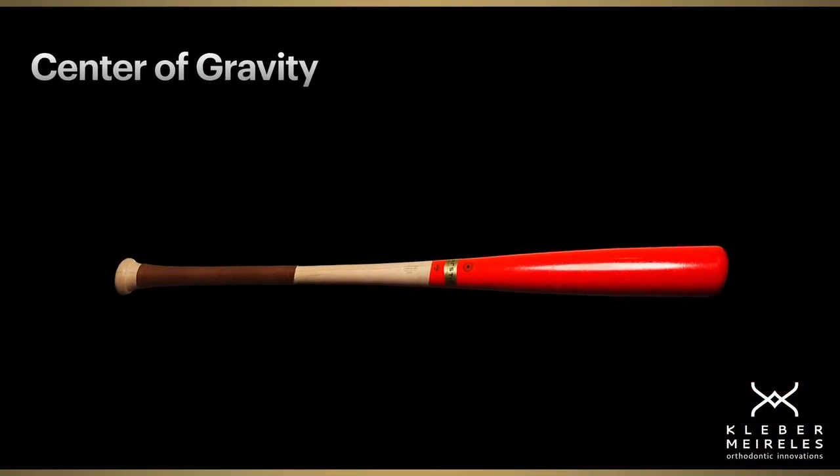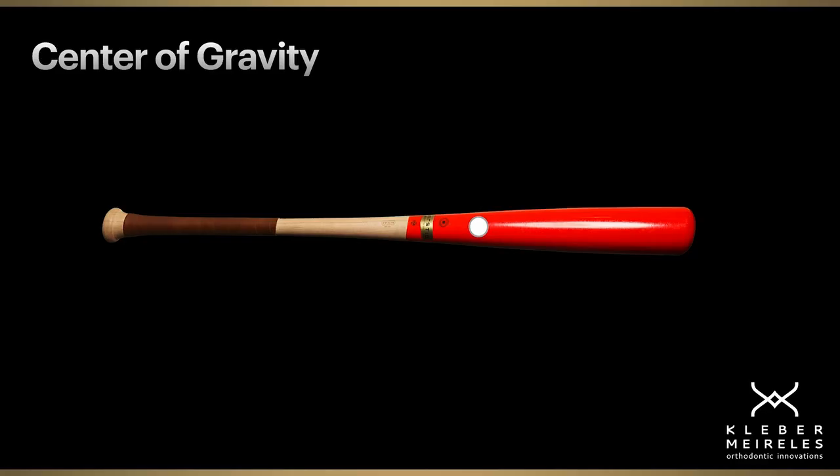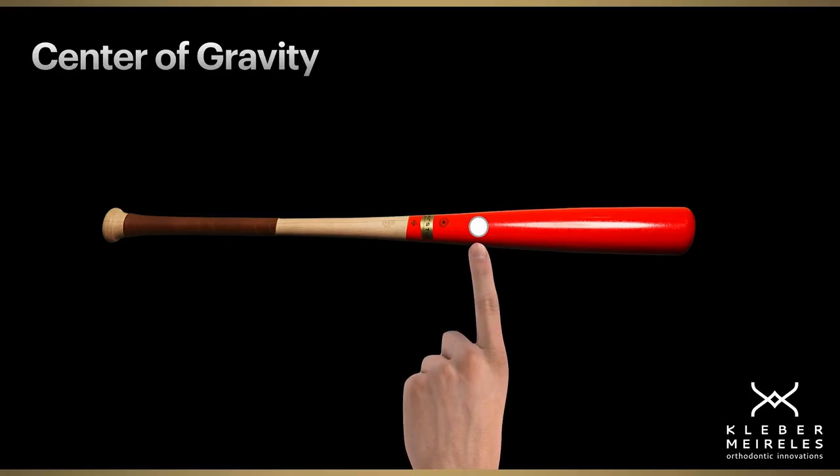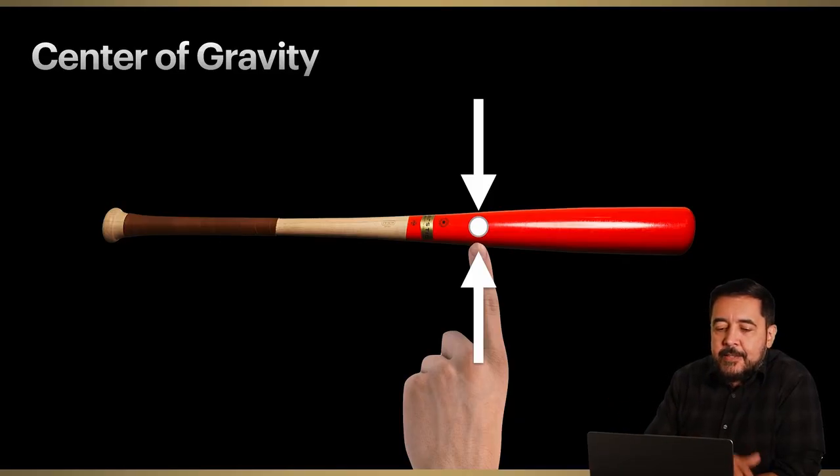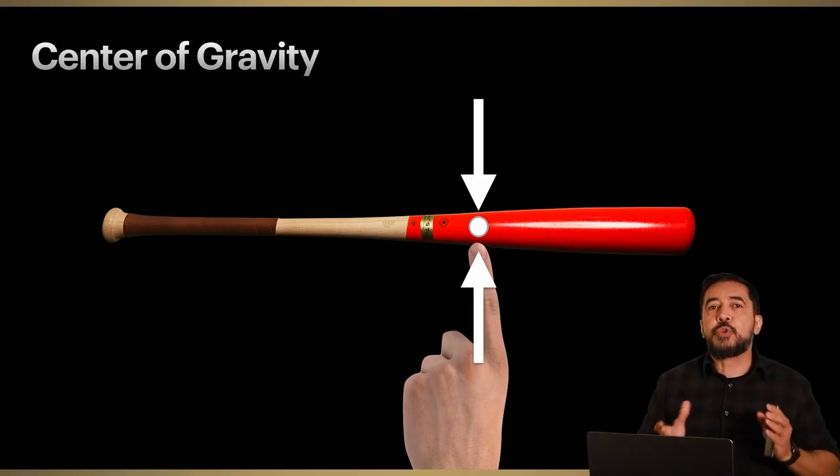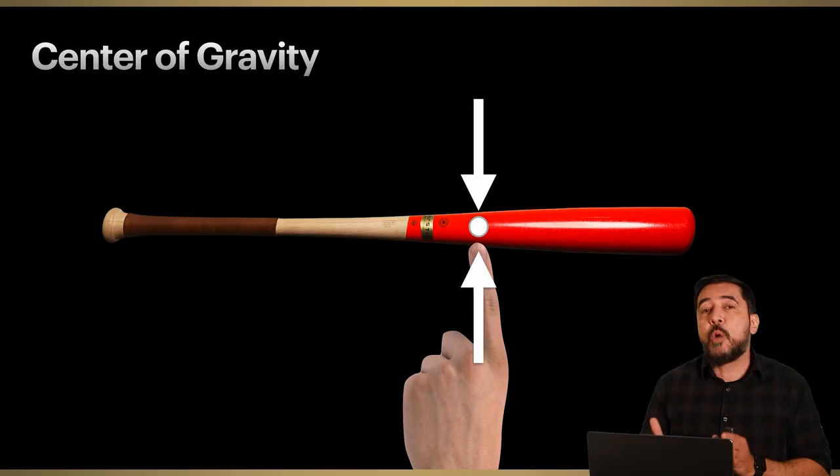Let's move on. For example, I'm using this baseball bat as a representation of the line of action and the center of gravity. If I'm applying the force through the exact center of gravity of this body, in this case this bat, the movement of the bat is going to be a translatory movement.